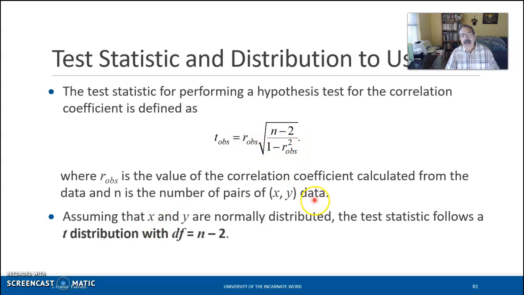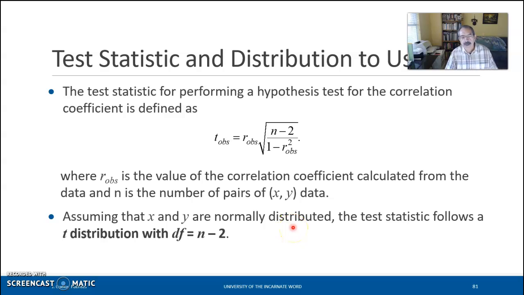All right, so assuming that these two variables are normally distributed, then you will use the t-distribution with degrees of freedom of n-2. Again, here we don't see the standard deviation of the sampling distribution of the correlation, but we are estimating it with the denominator of this quantity.